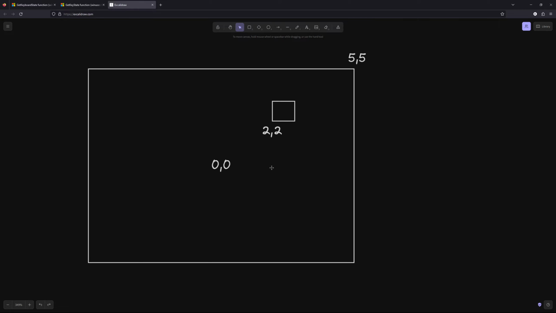Alright, so what do we do here to transform the rectangle? Well, transforming the center, what am I saying?